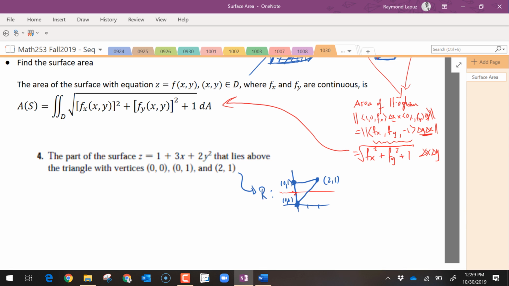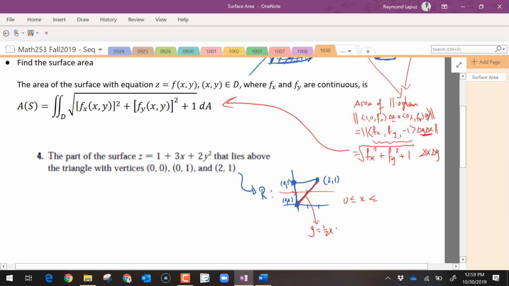So with respect to x, I'm going to go from 0 to, now I need to figure out what this function is. It looks like I have a slope of 1/2 or 2. I think it's 1/2, right? So y, yeah, it's 1/2. So y is equal to 1/2 x, and the y-intercept is 0.